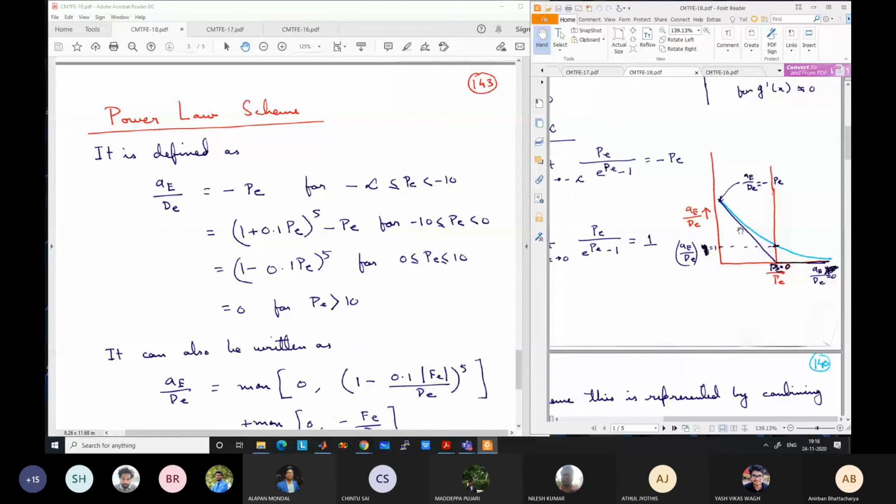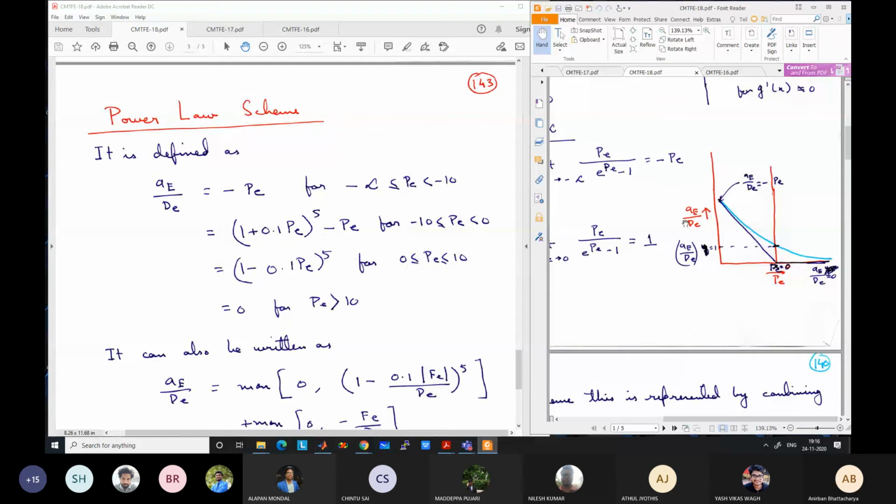So one such scheme is this power law scheme, where we divide A by D into 4 segments instead of 3 segments like the hybrid scheme. This is done by fitting a curve and trying to minimize the difference with the exponential scheme. You can decide to take 6 curves and get an even more accurate result, but this itself is very accurate.